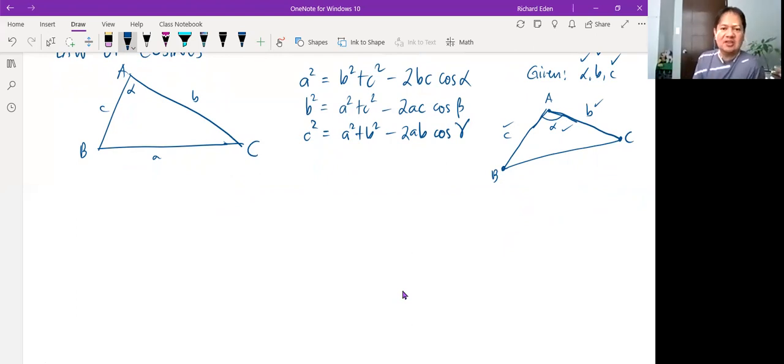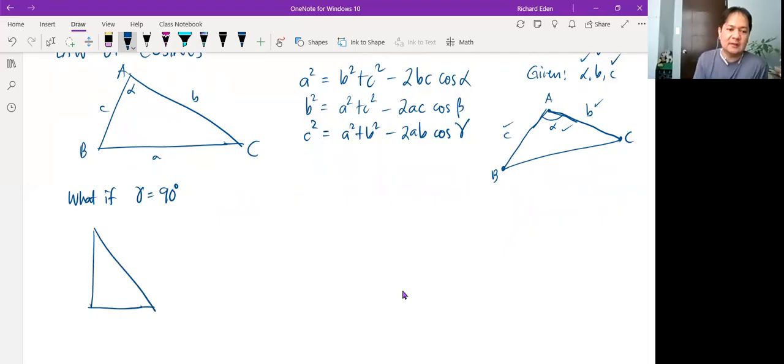Now, you said this looks like the Pythagorean theorem, and that's rightfully so, because what if gamma is 90 degrees? So that's the angle at C. Cosine 90 is 0.